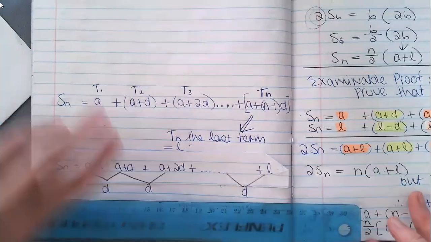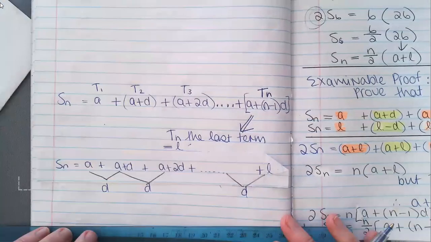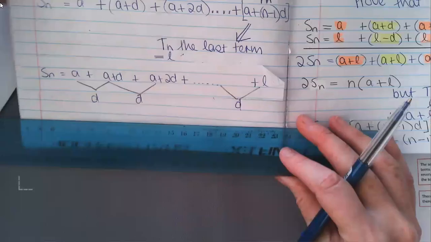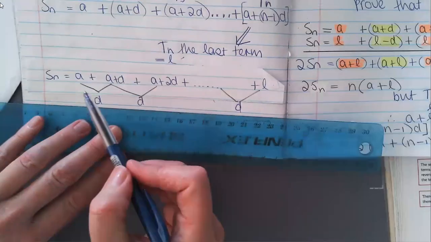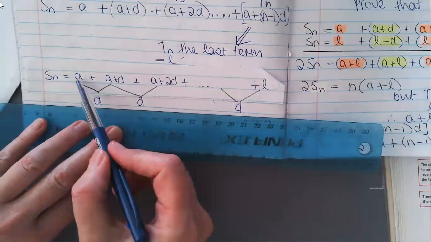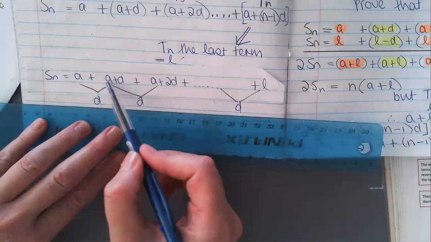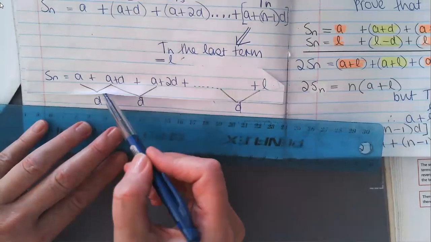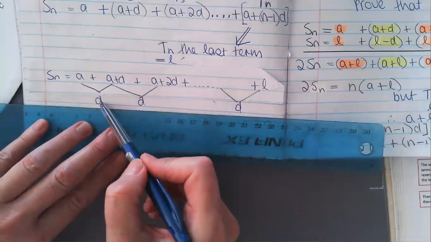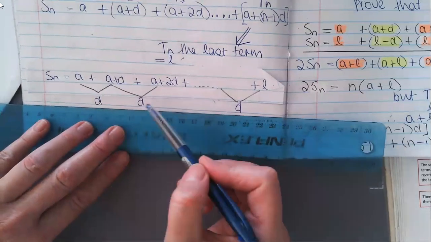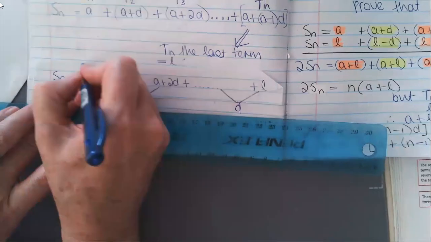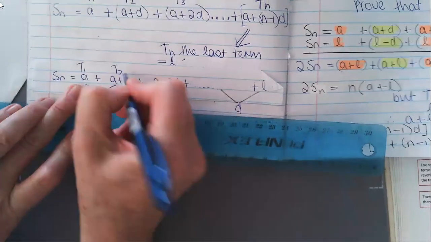Now, let's have a look at our sequence again. Just move this up a bit. So I've got Sn equals A plus (A plus D), where D is the difference, plus (A plus 2D). So this is term 1, term 2, term 3.